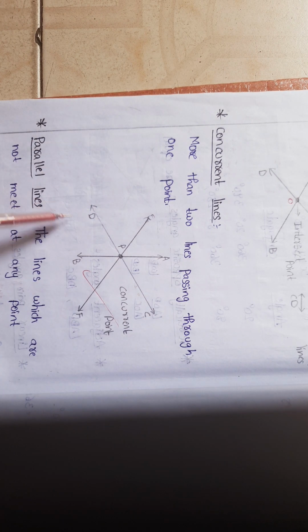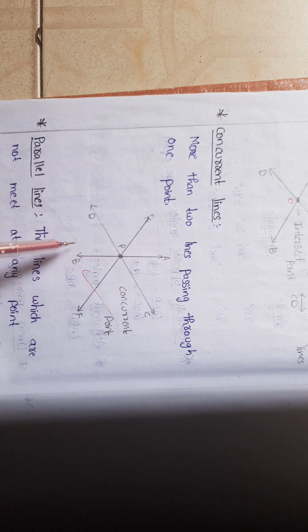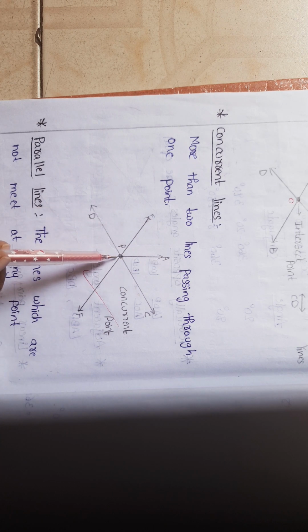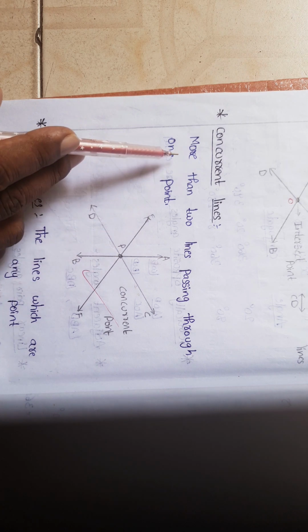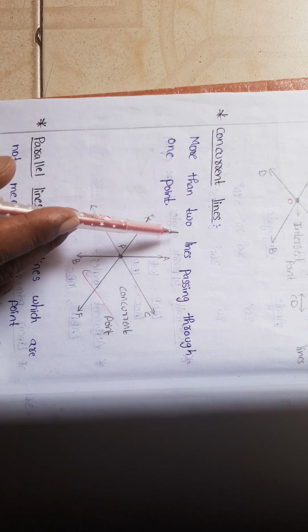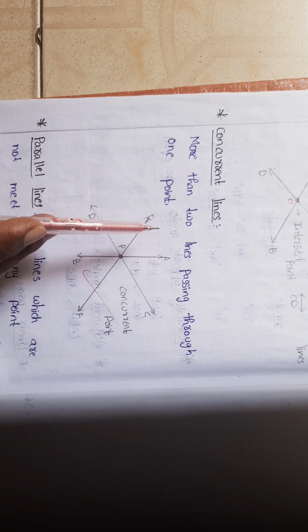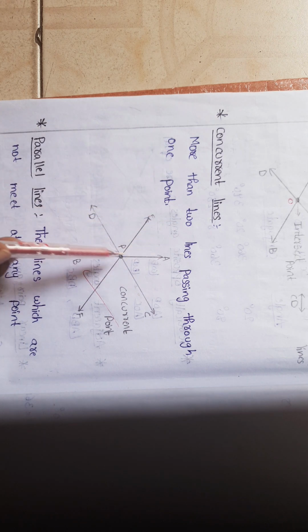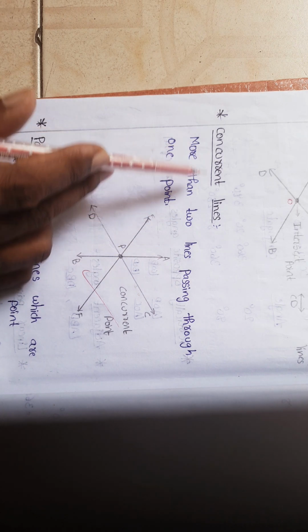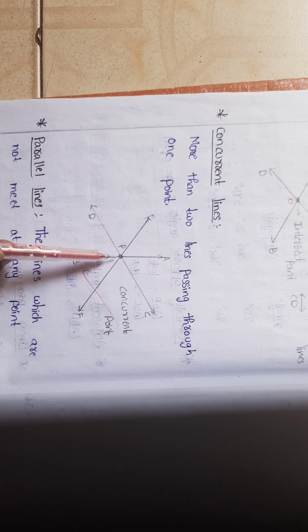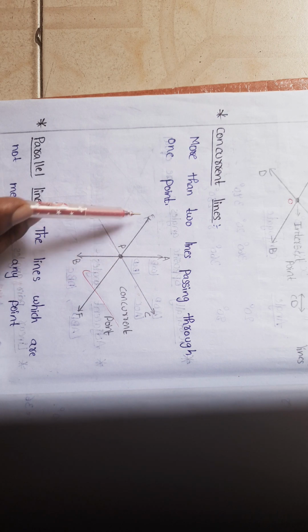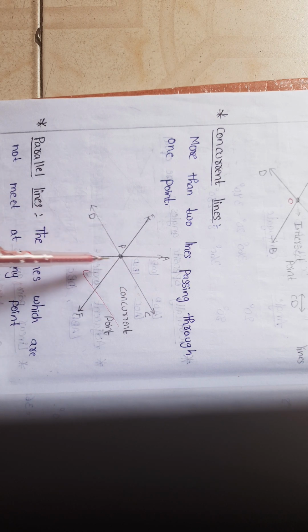Say here AB, CD, EF lines are passing through point P. This is nothing but concurrent lines. More than two lines, that means 3, 4, 5, any number of lines passing through one point. This point is called the concurrent point, and the lines passing through it are called concurrent lines.